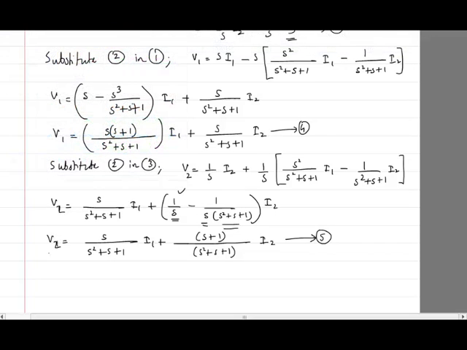So I will take this one the other side, so it becomes minus s divided by s square plus s plus 1 is equal to minus V2 plus s plus 1 divided by s square plus s plus 1 into I2. This is I1, sorry. So now this looks like the second equation.